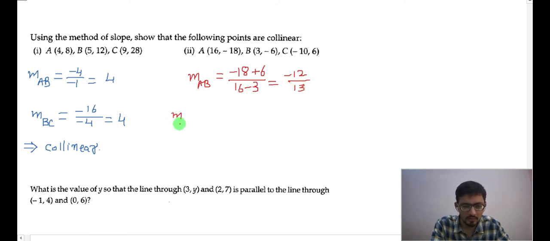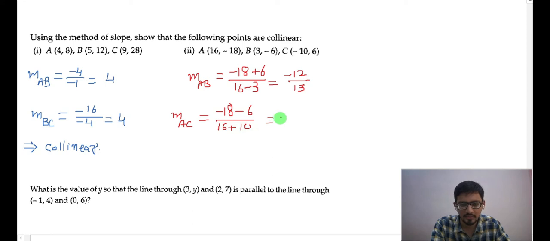Then you find the slope of BC. Here, if I am taking for example AC, any two points you can take. Delta y: the y coordinate for A is minus 18, and as per the formula minus the y coordinate 6, divided by the x coordinate 16 minus minus 10, which is plus 10.